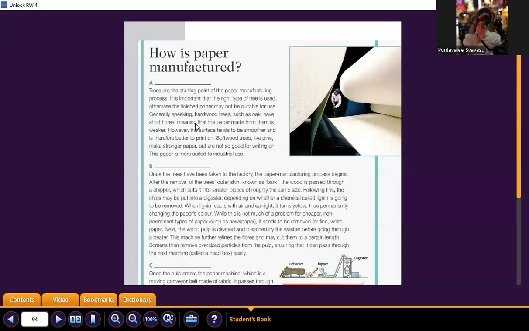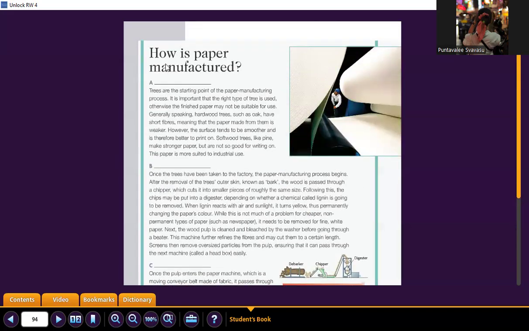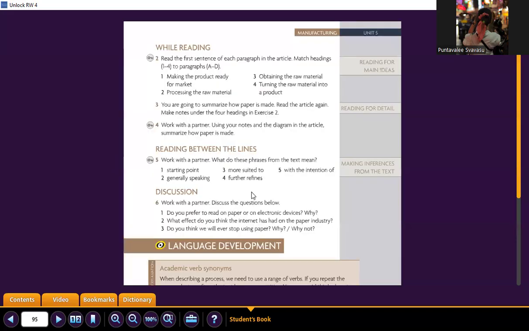We're going to start off with skimming again, but this time you will see there are 4 paragraphs and there are some blanks right here. What I want you to do is skim the text and choose the subheading. This is the subheading exercise, exercise 2 on page 95.